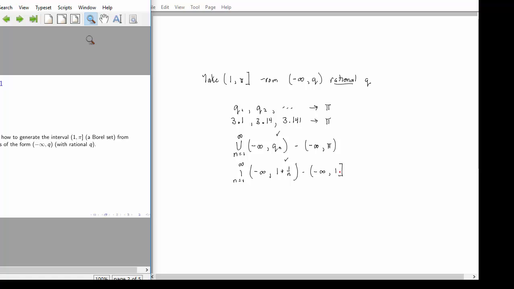Similarly, in exactly the same way, I made an interval whose right endpoint was pi. I can make one whose right endpoint is pi plus 1 over n, and the infinite intersection in that case is going to be the interval from minus infinity to pi.